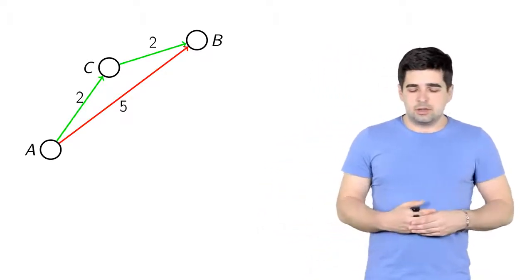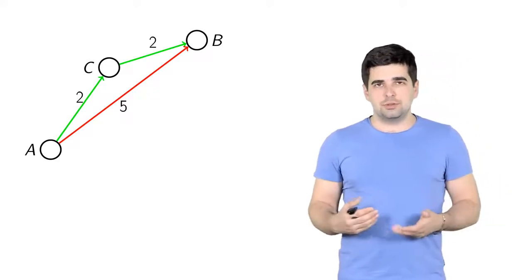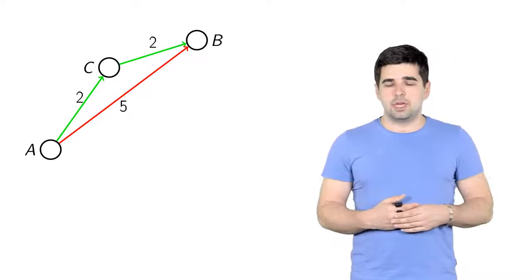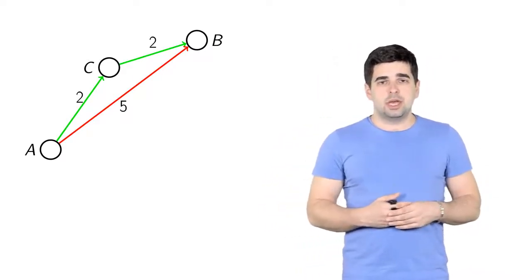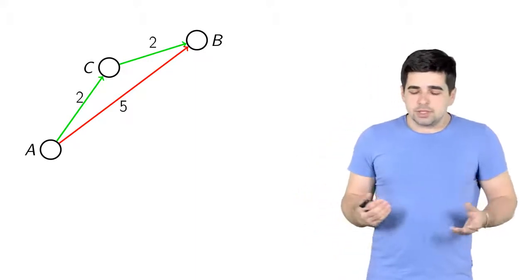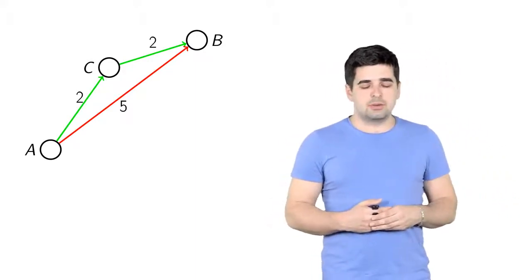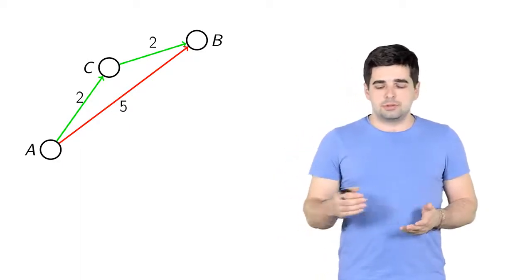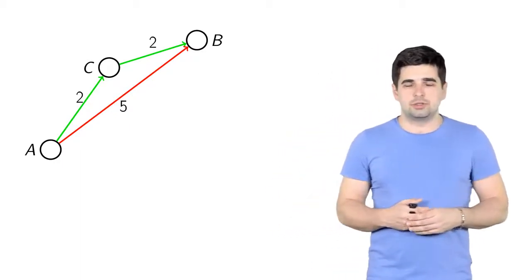And so then we see that going from A to B through C will take just 4 hours, while going directly from A to B takes 5 hours. And so our breadth first search algorithm doesn't work. So maybe it's vice versa. Maybe it's always better to go around some node, not to go directly.